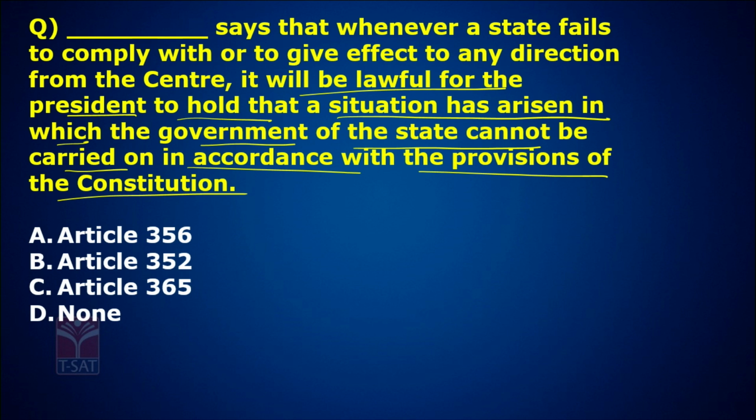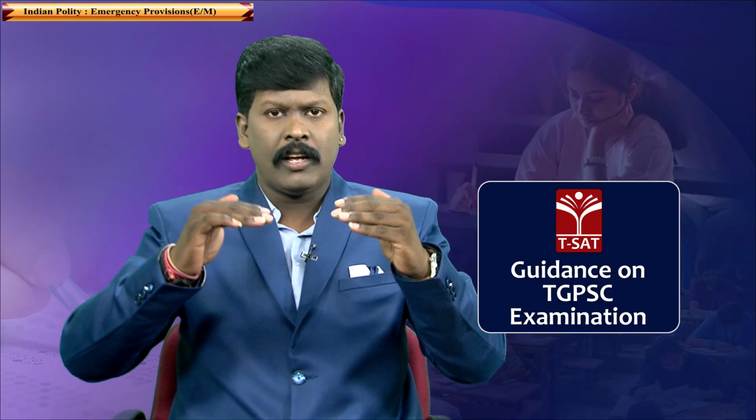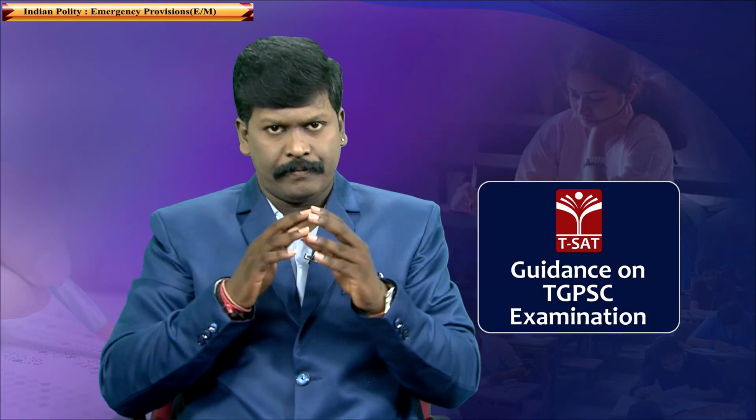See, these all are internal provisions. Try to understand. This statement says, whenever the state is not in compliance with the center, the President has the right to take an action.